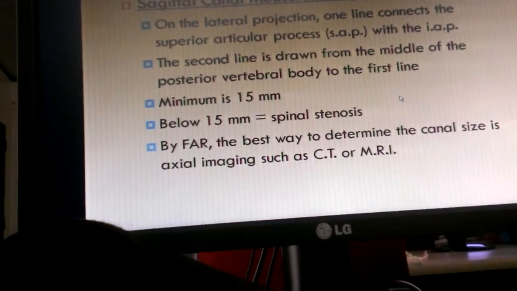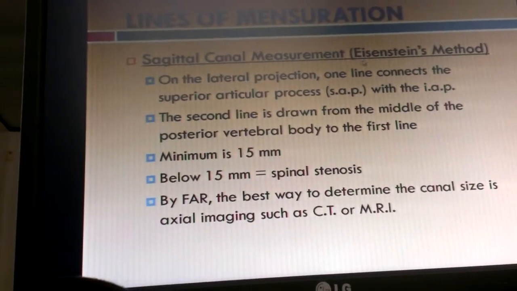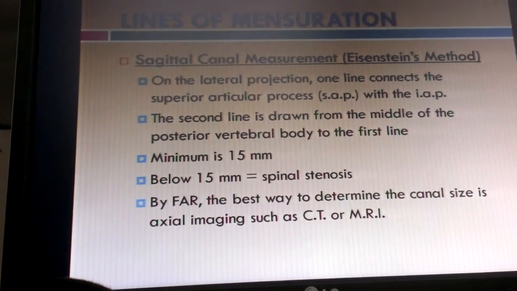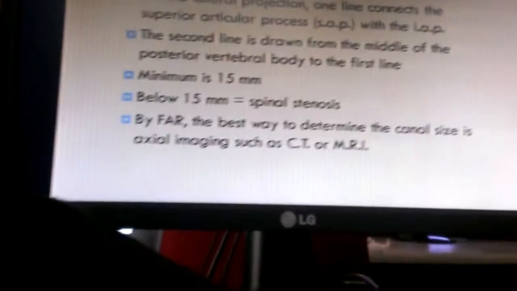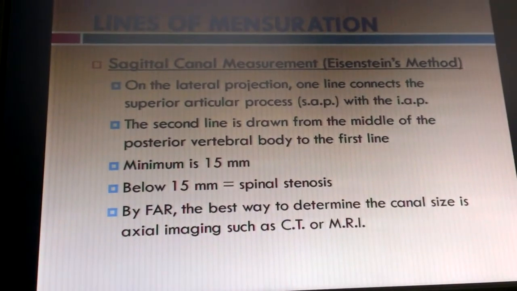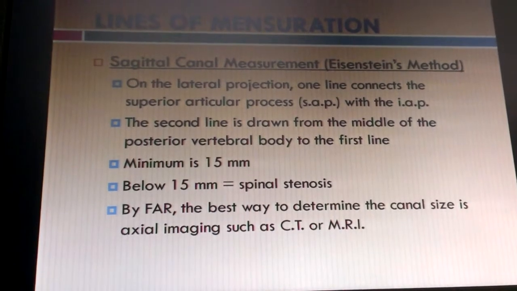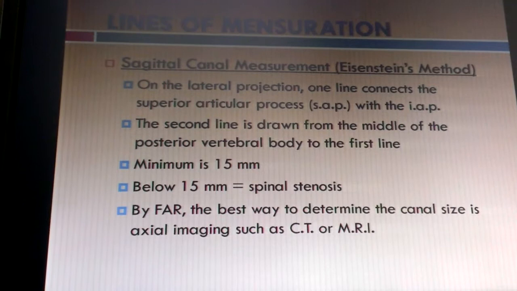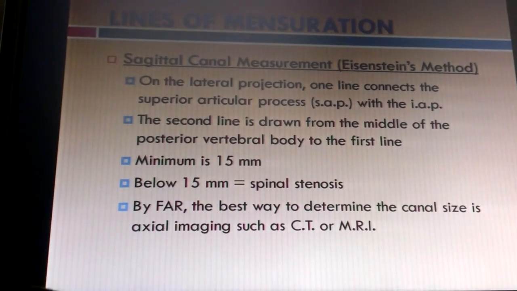All right, sagittal canal, I want you to know that it's also called Eisenstein's method, right? What did we say it was in the cervical spine? What did we say the measure was for stenosis? Was it 12?